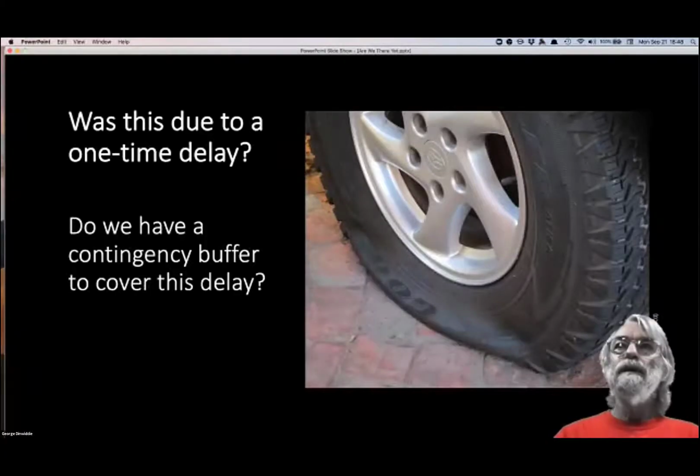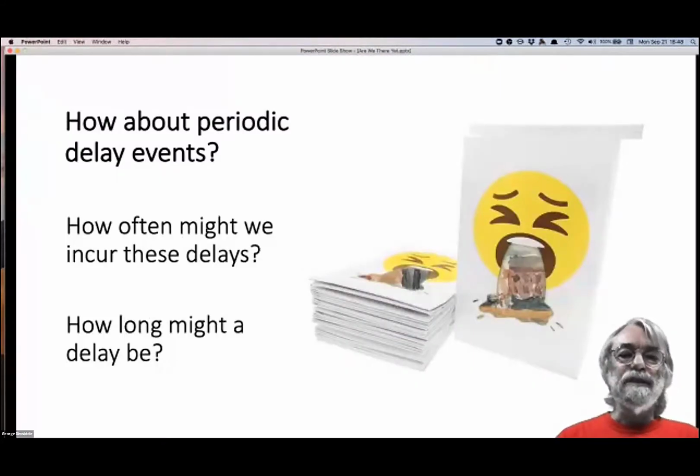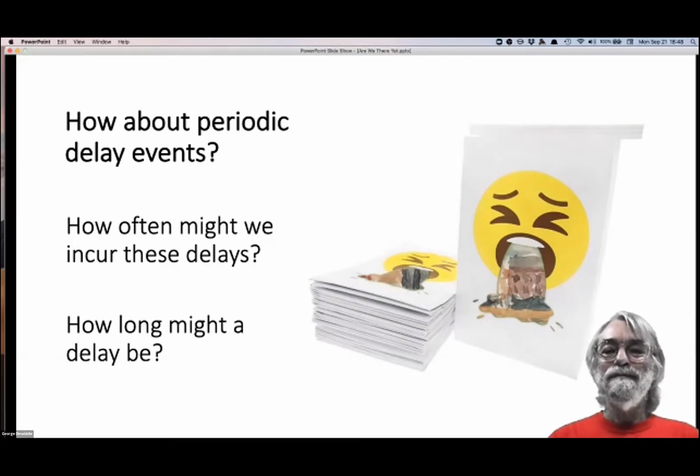So another thing that could happen is that you've got a bunch of periodic events. What if you've got a carsick child? You don't quite know how often it's going to happen, but it might happen more than once. The first time it happens might give you some indication that it's going to happen again, and as you go further, you might get some sense of how often it happens.